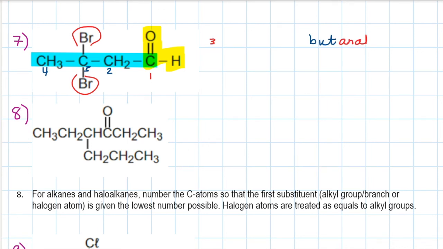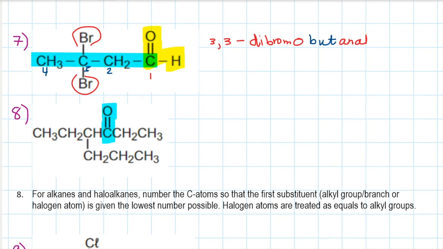We must indicate the position of both bromine atoms, so it will be 3,3, indicating the position of both, di for 2 bromine atoms, and bromo for the bromine atoms. Therefore, this compound's name is 3,3-dibromobutanal.